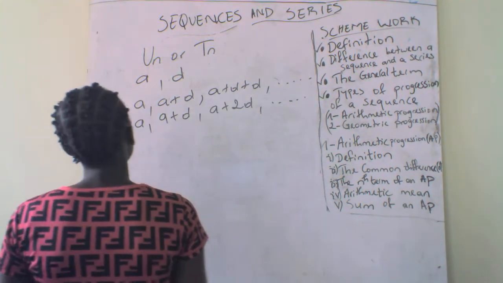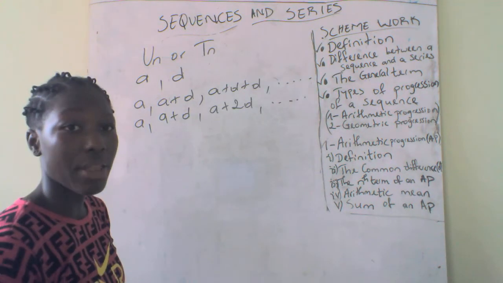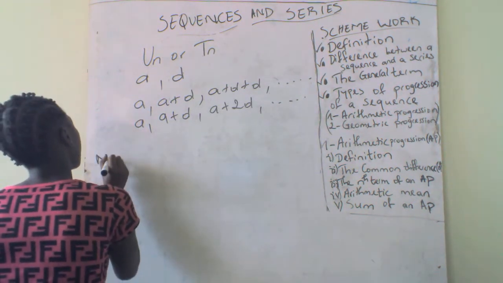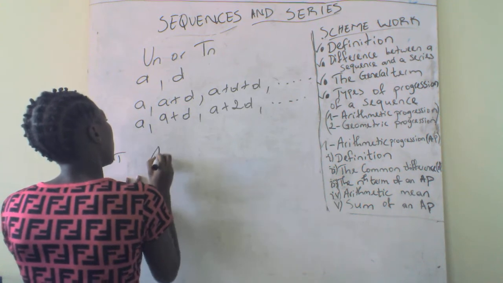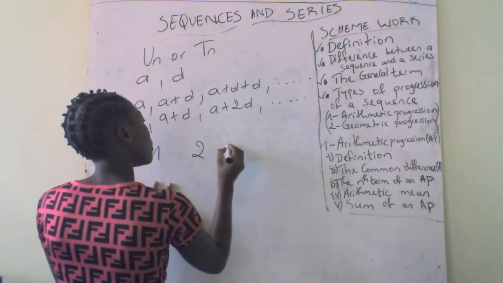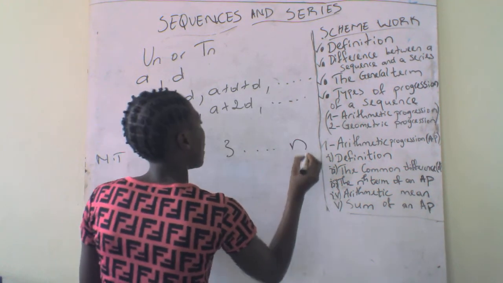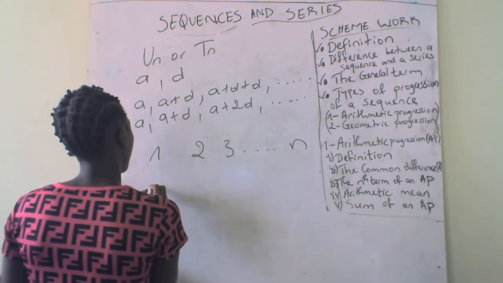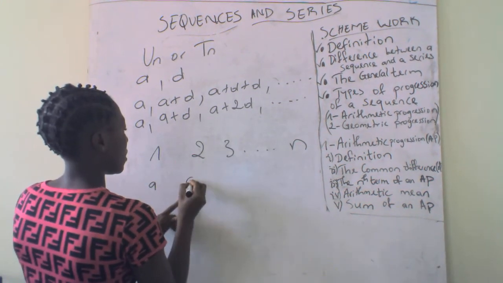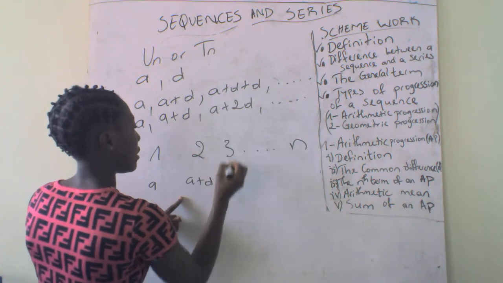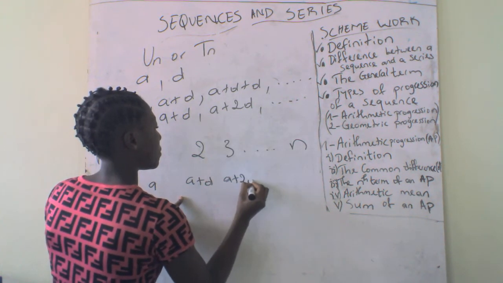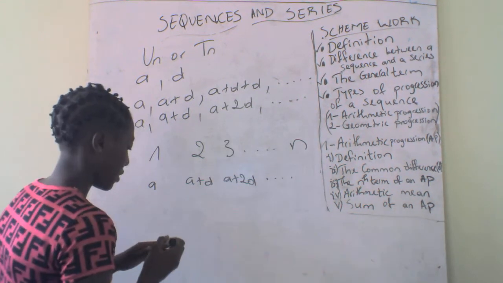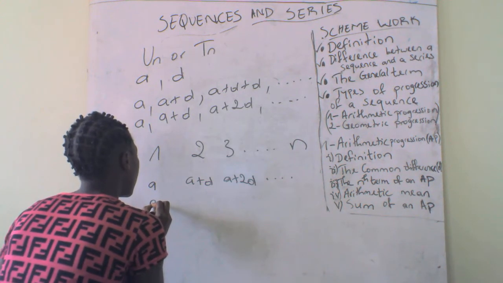Now we establish the one-to-one correspondence with our natural numbers, which is 1, 2, 3, up to n. Here it corresponds to A, A plus D, and A plus 2D. Now we do the same for the general term.